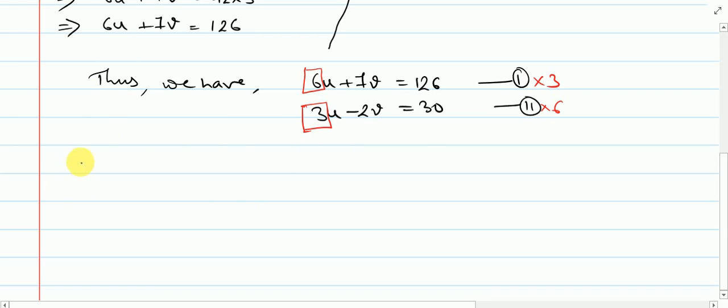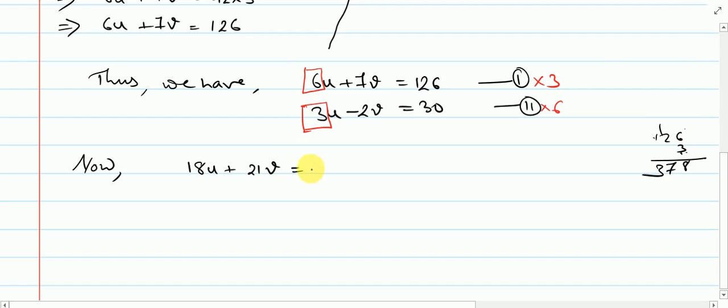Now 3 is multiplied to each term, so you get 18u plus 21v and 126 into 3. So 126 into 3. 3 6 are 18. 1 over here. 3 2 are 6 and 1 is 7, and 3 1 are 3.